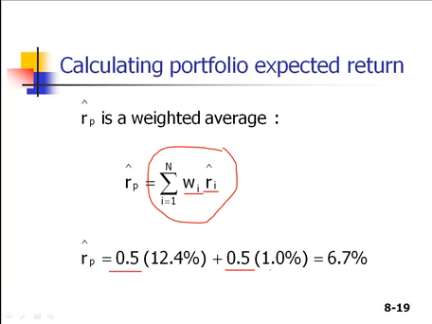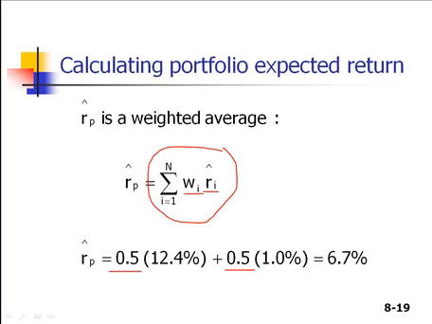Now, notice that if we had put a little more money in the first stock and a little less in the second, let's say $70,000 in the first stock and only $30,000 in the second stock, then this wouldn't be a 50-50 mixture.